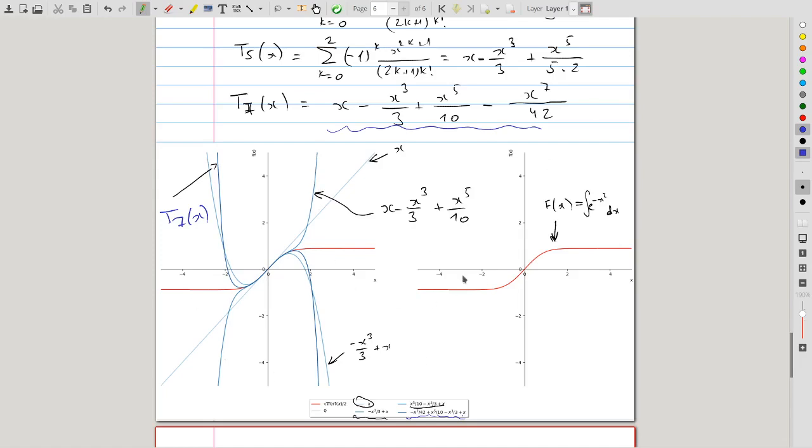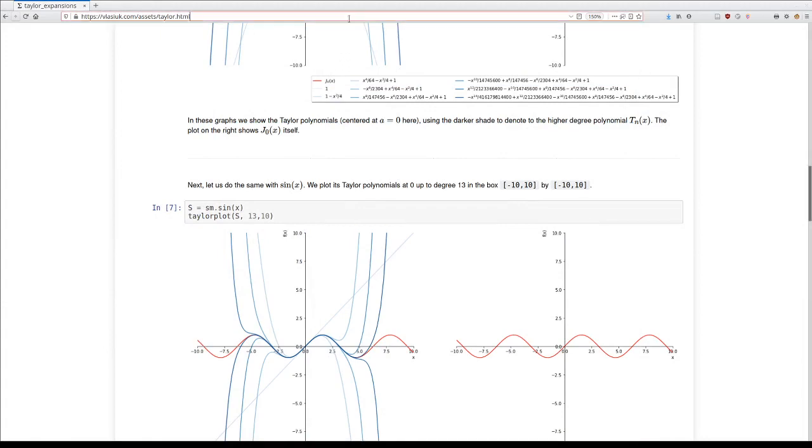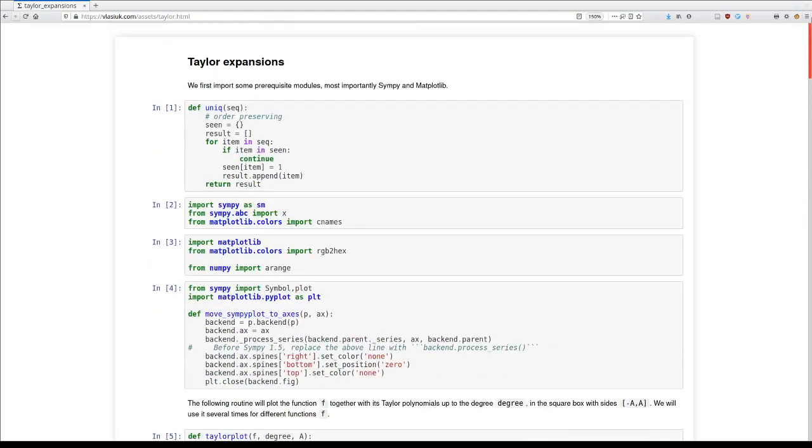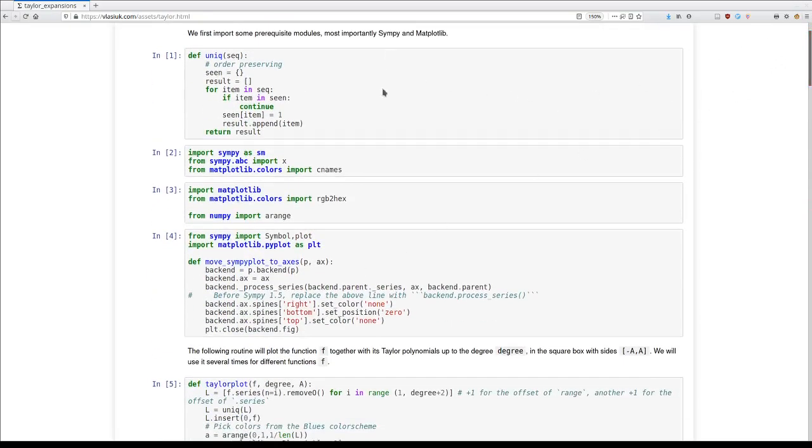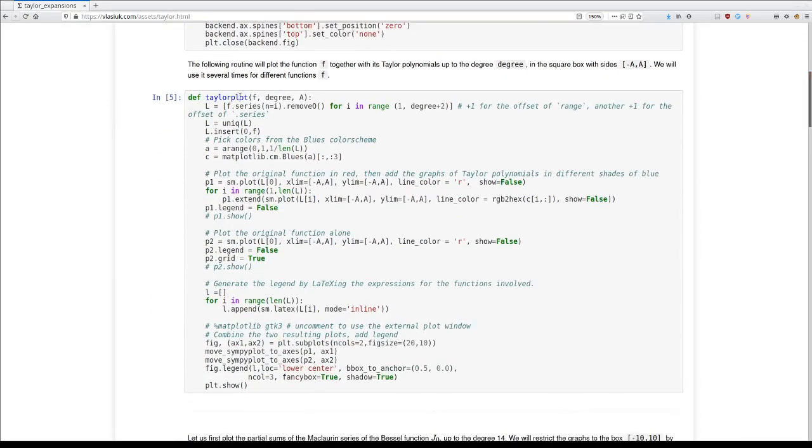These graphs were produced using a short Python routine, which can be found online. If you go to this web page, you'll find some discussion for how to produce such graphs. You will find the code of the routine that produces them. It is the Taylor plot routine over here.